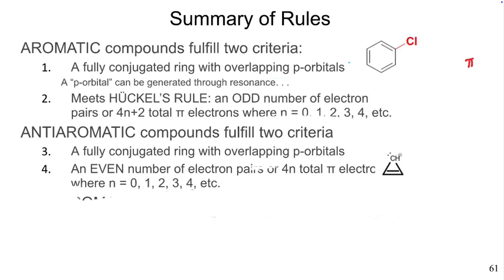And due to a glitch in how this system was counting, they called those 3, 4, but that's really rules 1 and 2. Okay? So we could look at a system that has a fully conjugated ring of overlapping p orbitals, okay, and an even number of electron pairs.